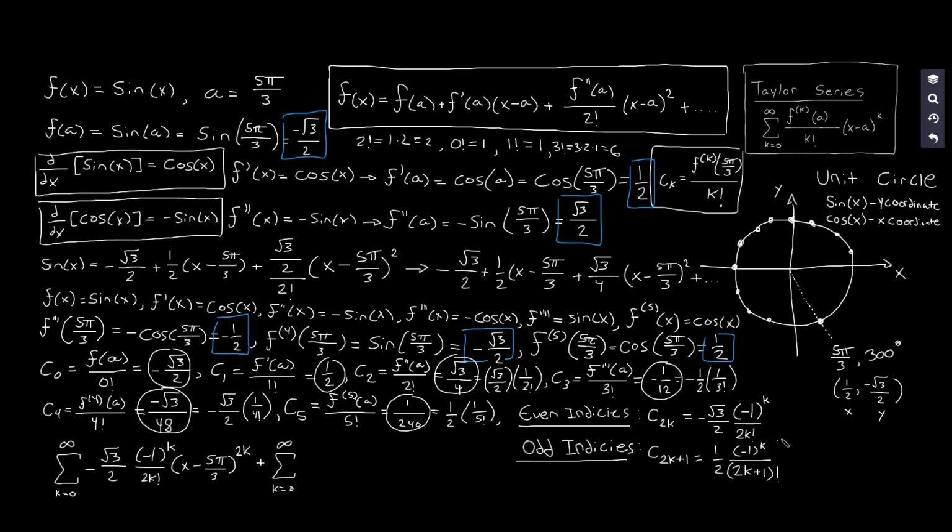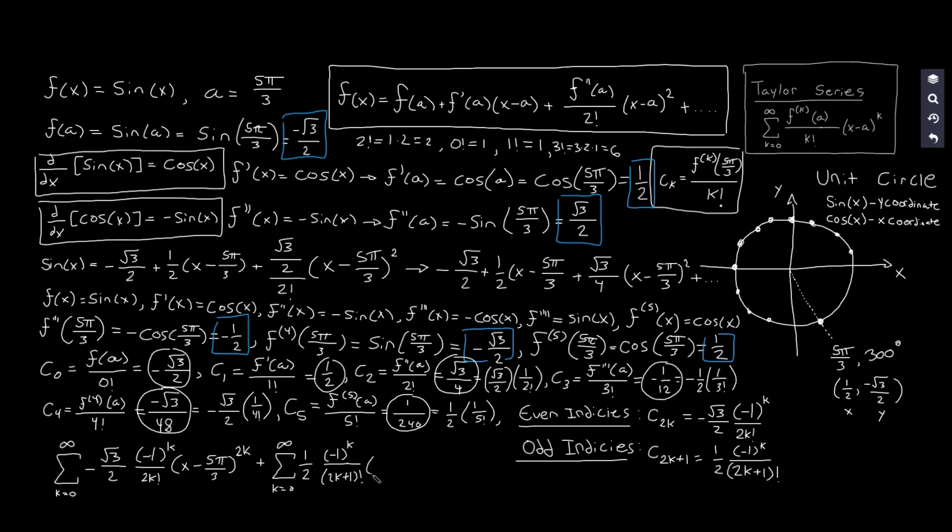Well, we're just going to plug this in here: 1 over 2 times the rational expression -1 raised to the power of k over 2 times k plus 1 factorial, right?